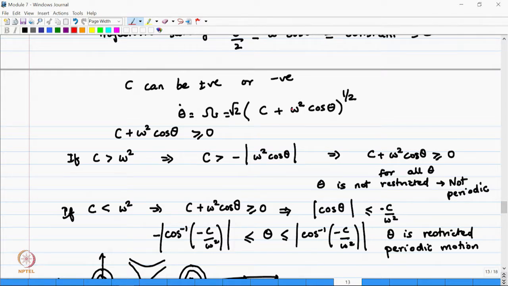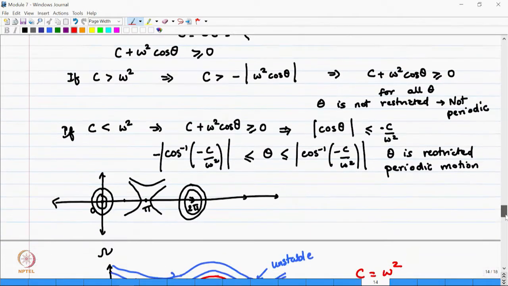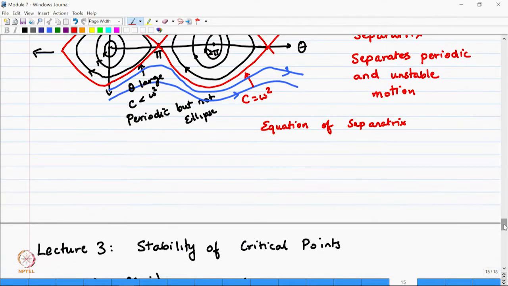Now c equal to omega square, so I can write omega square plus omega square cos theta, and take the omega square outside the square root. I have omega equal to square root of 2 omega square, times 1 plus cos theta, raised to half.